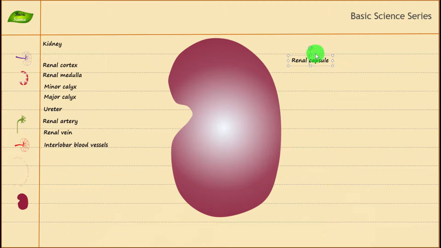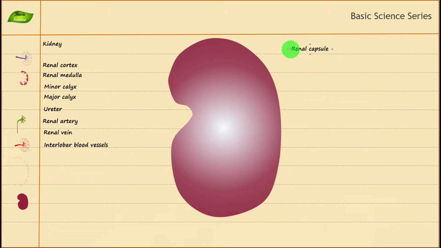So the renal capsule is the first structural component that we are discussing here, and the renal capsule is basically a thin membranous sheath. So it's basically a sheath that covers the kidney, okay, and it is made up of tough fibers like collagen, like elastin.